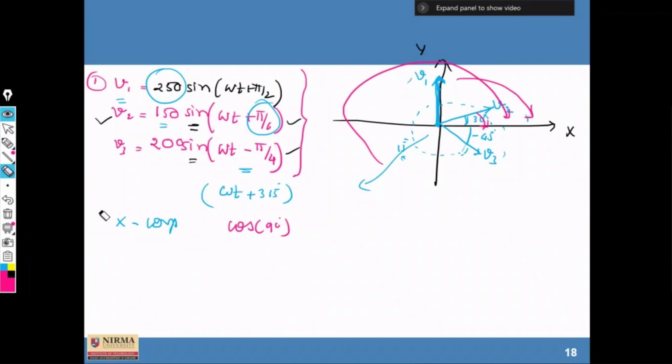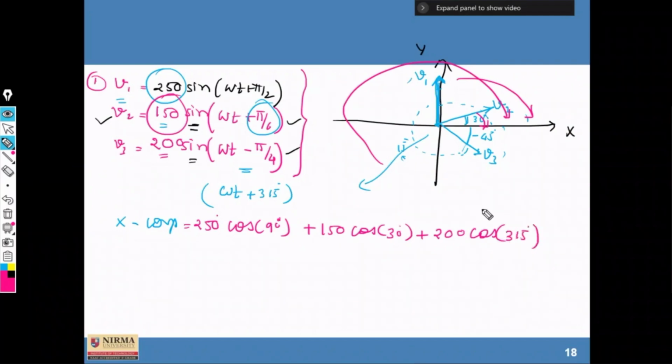So 250 cos 90 degree plus V2. V2 is 150 cos an angle 30 degree, plus the third one is 200 cos 315 degree. You can even write it here also as cos minus 45 degree. The value will be the same for these two different values.